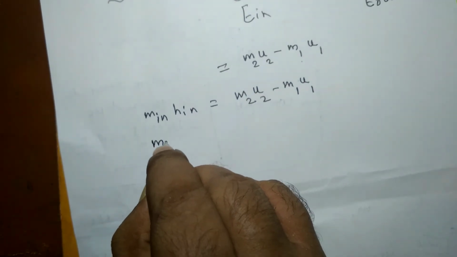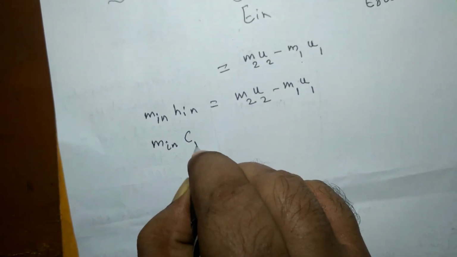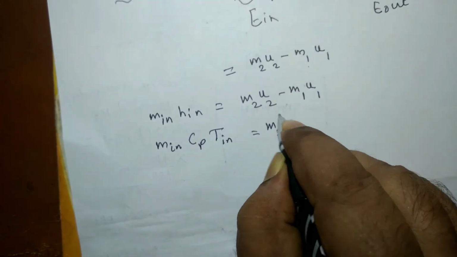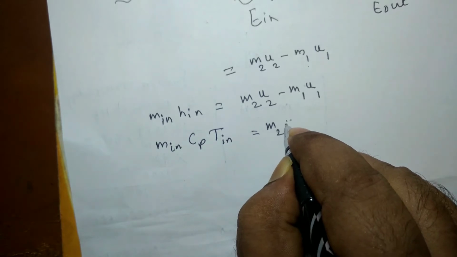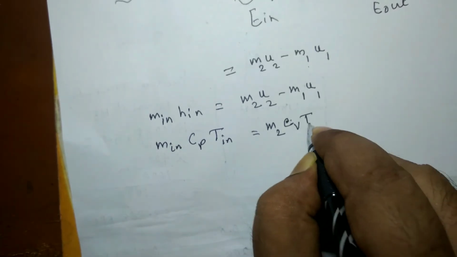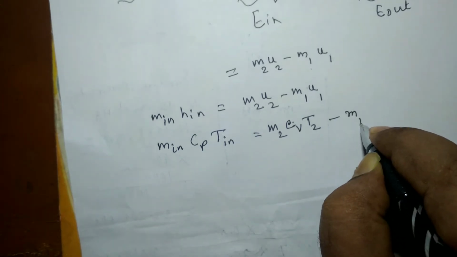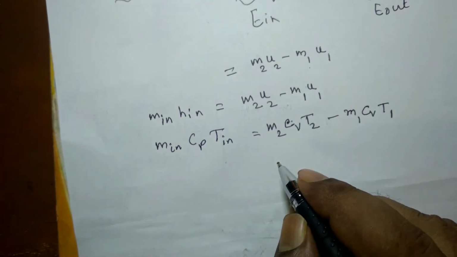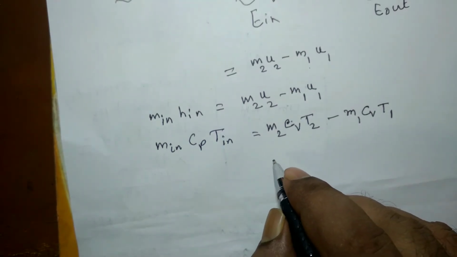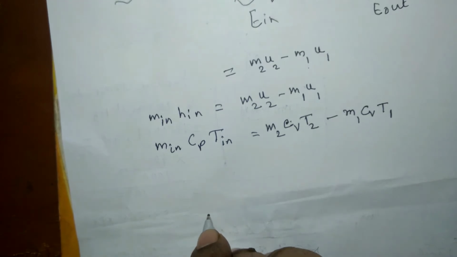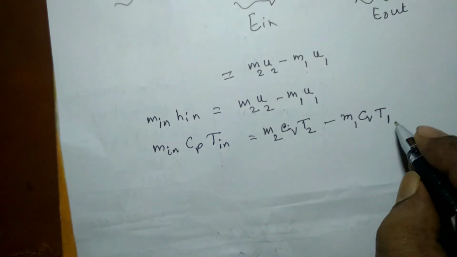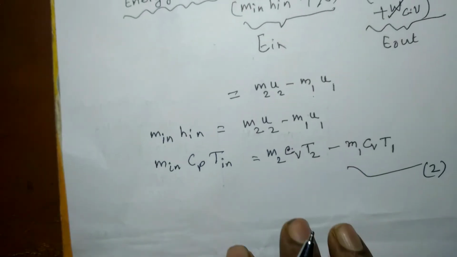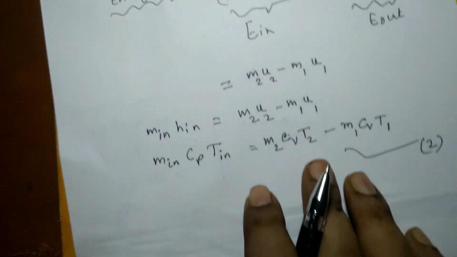So I can write H is equal to Cp T in, and U is equal to Cv multiplied by capital T, so M2 Cv T2 minus M1 Cv T1. From this we can find T2, and this is your equation 2. By solving equations 1 and 2 we have to find T2.